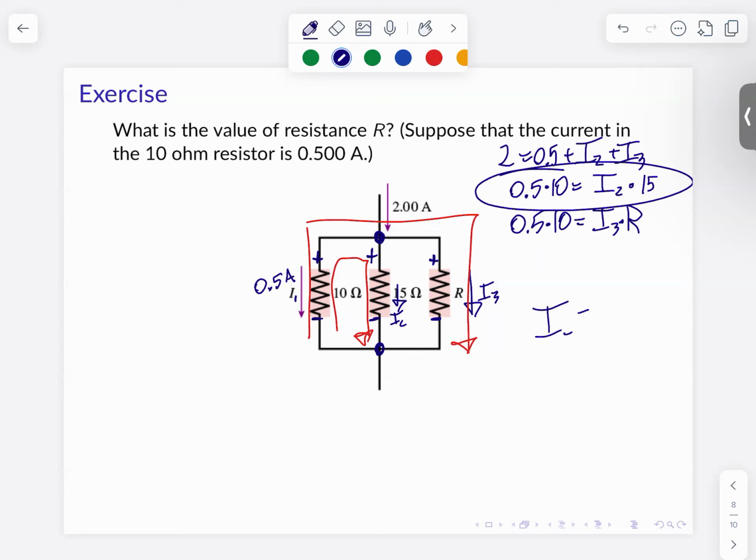I2 equals 0.33 amperes. Now equation 1 tells me 2 equals 0.5 plus 0.3. What does that mean? 1.17? Is that it?